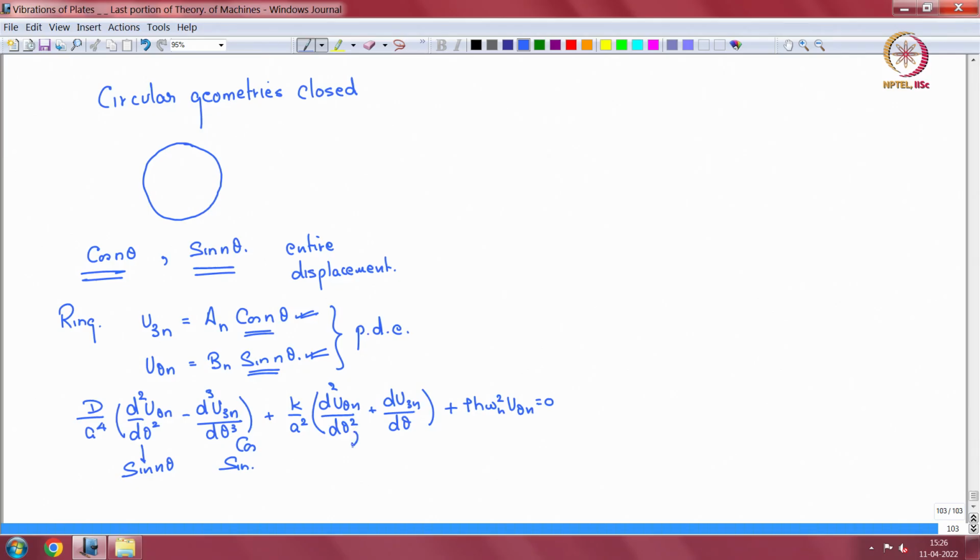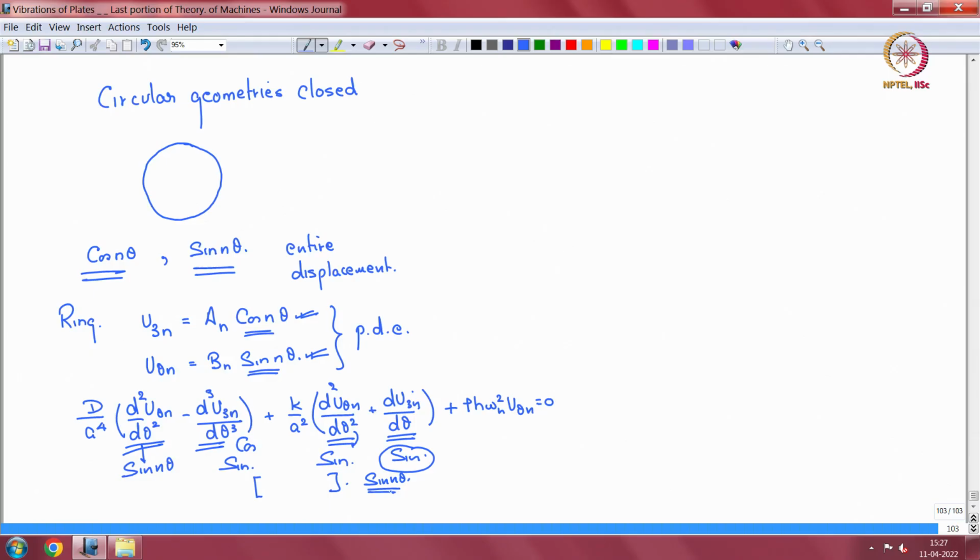Similarly, two derivatives will bring it to sin and one derivative of this brings it to sin. You see the theta form and the u3n form have to be related in this manner so that this displacement falls out of all the derivatives, okay, so that I get an algebraic term multiplied by sin n theta outside.